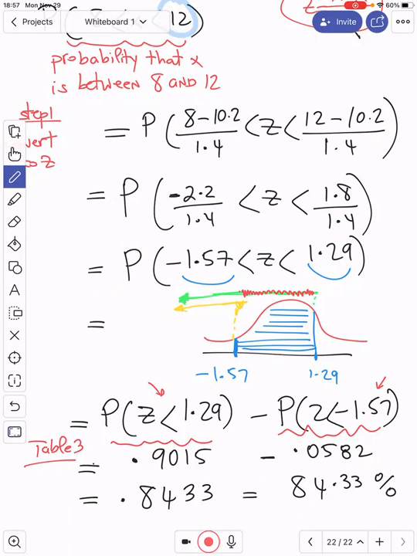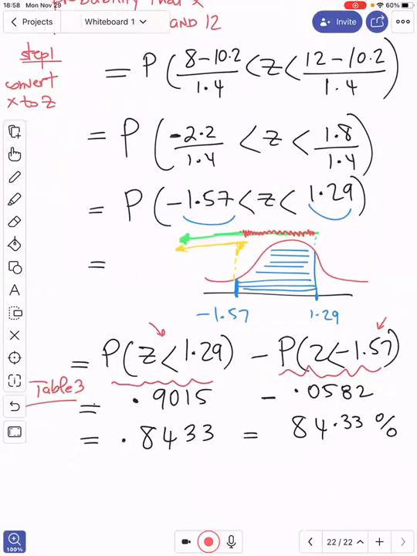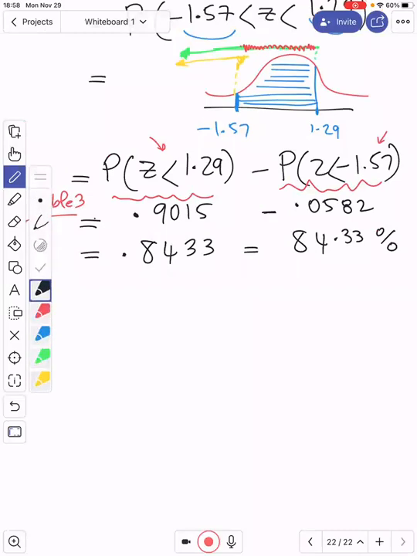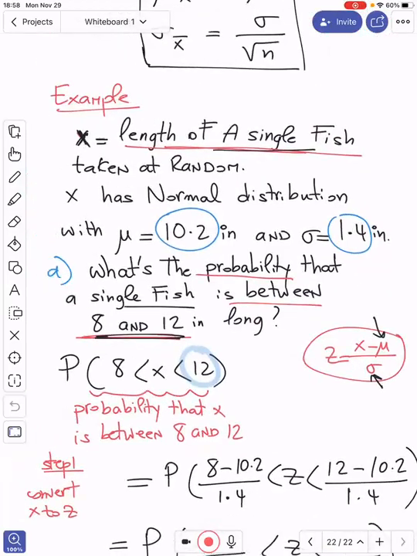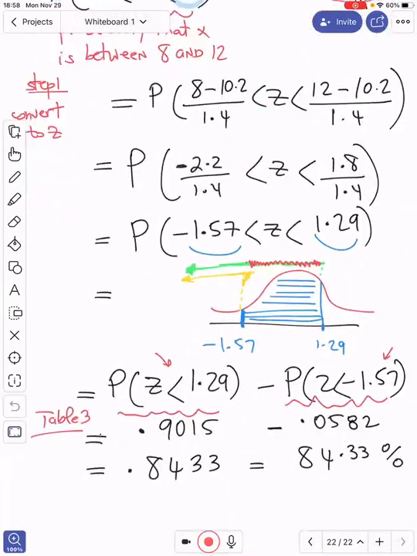So what's new is the next question, right? The next question is, what's the probability that the mean length X bar of 5 fish taken at random? So let me just write it down here. So in A, there's nothing new.